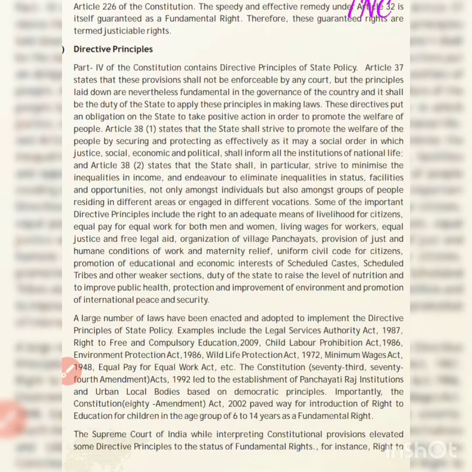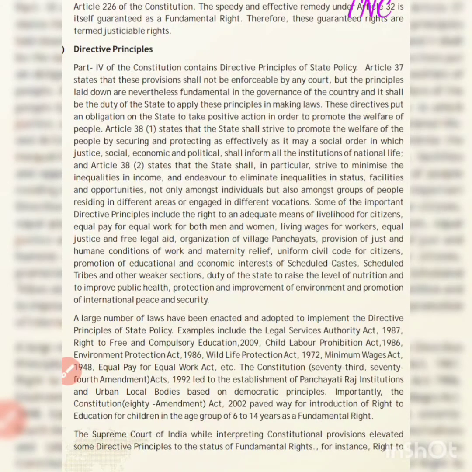Article 38 subclause 2 states that the state's main function is to minimize, to lessen the extent of inequalities in terms of income, and also to make sure that status, facility, job opportunity, all these types of inequalities are removed amongst the individuals and groups of people.